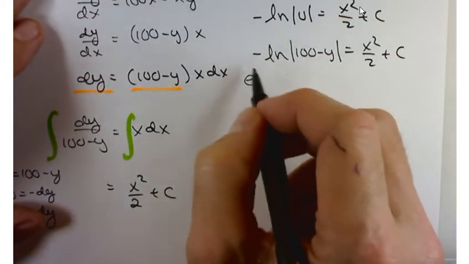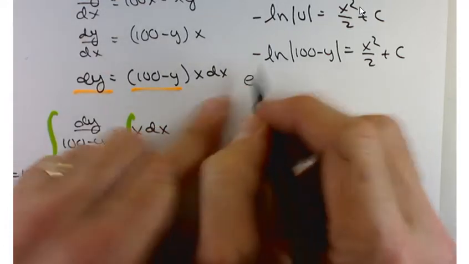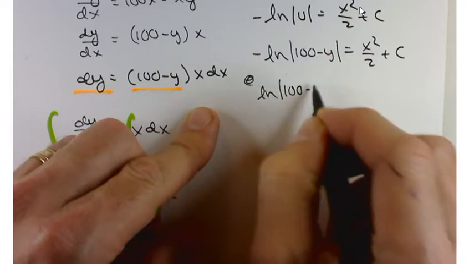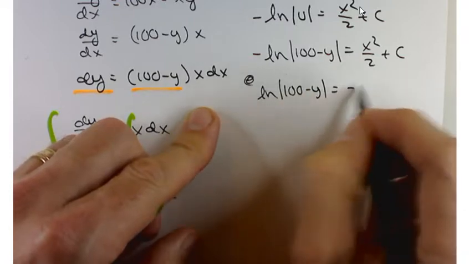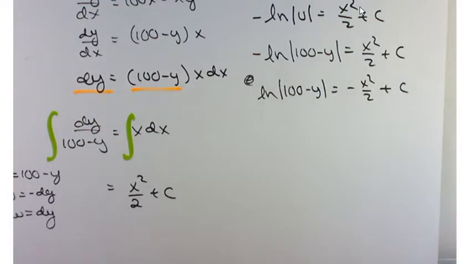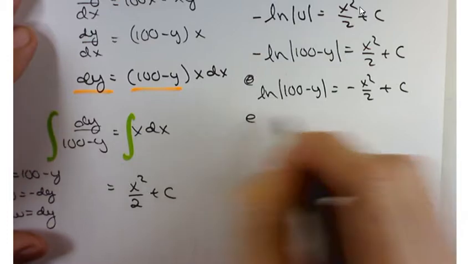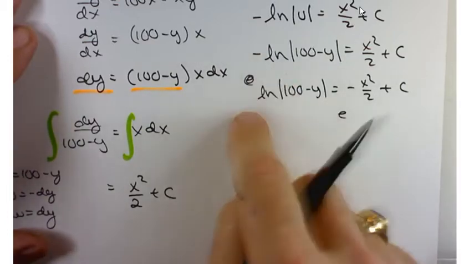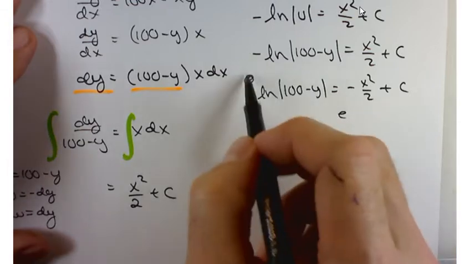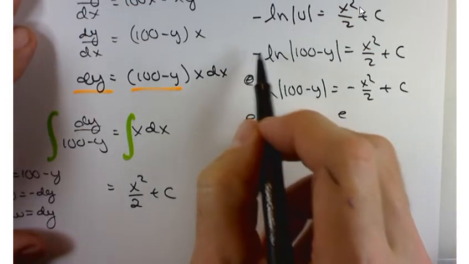Before I do that, I'm going to multiply both sides by a negative. So I'll get ln of the absolute value of 100 minus y equals negative x squared over 2 minus c, plus c. Doesn't matter. But now I'm going to exponentiate both sides. I wanted to get rid of that negative first so that this will cancel out nice and evenly. It's not going to cancel out so cleanly if I have that negative out in front here.